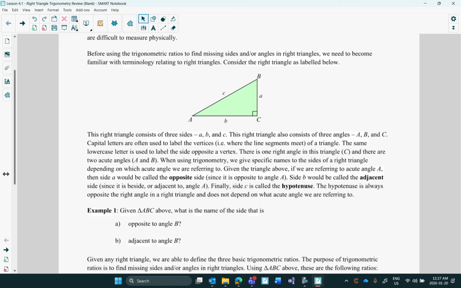Okay, so when we use trigonometry, we look at the acute angles, because in a right triangle, there's one right angle, and there's two acute angles, less than 90 degrees, always. Depending on what acute angle we're talking about, that dictates how we're going to name the sides opposite, adjacent, hypotenuse. Well, hypotenuse is always the same. How do you find the hypotenuse in any right triangle?